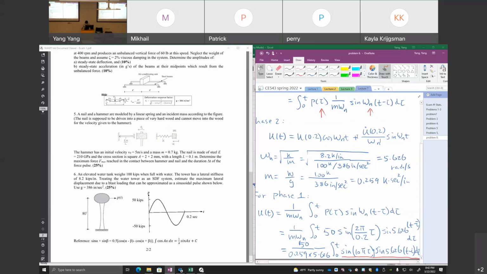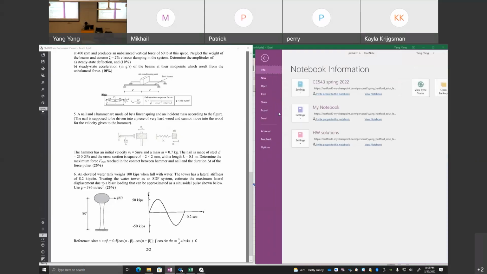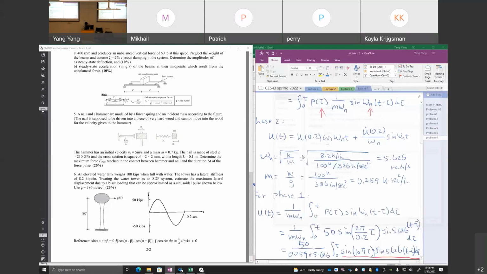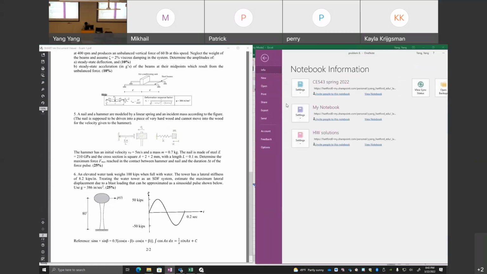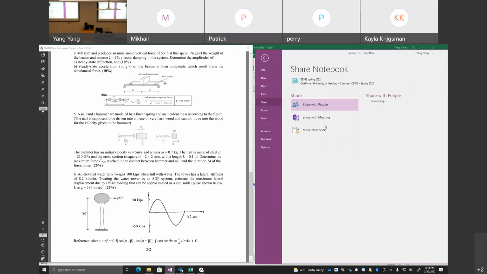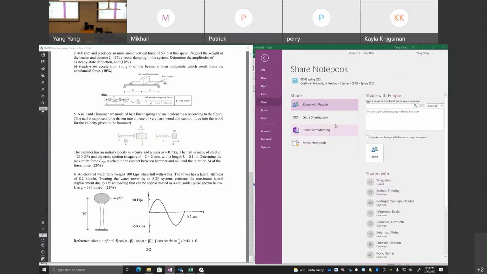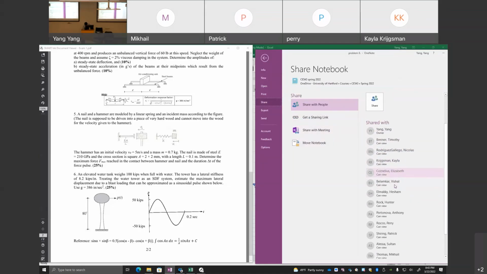Where is your OneNote file? It's shared through email to everybody. Let's check whether it is shared.